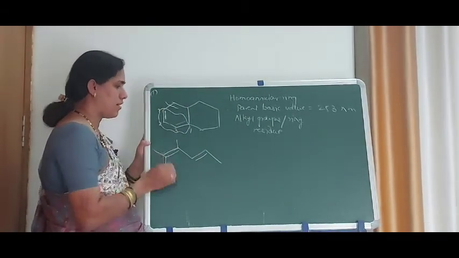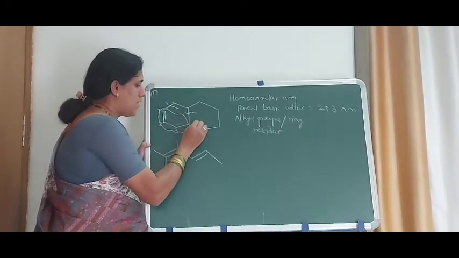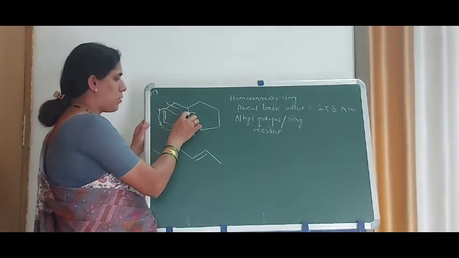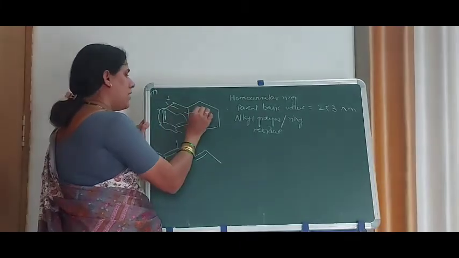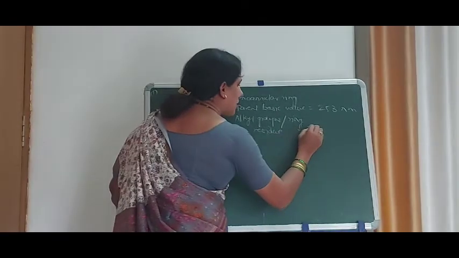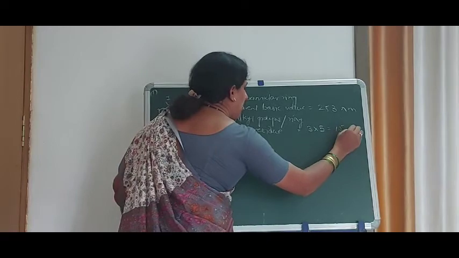Second, no. Third, no. Fourth, this and this. How many ring residues? 1, 2, and 3. That is 3 ring residues, 3 into 5, equal to 15 nanometer.